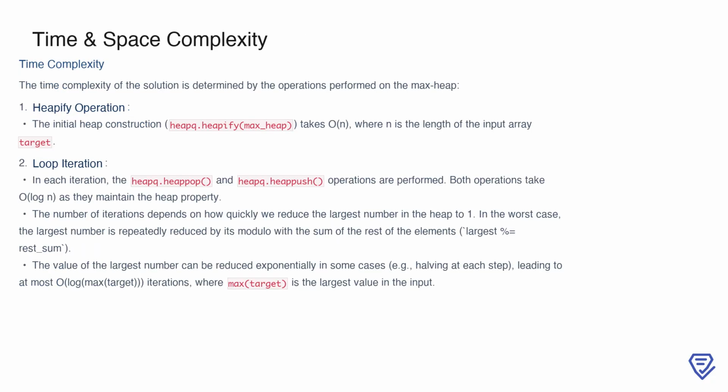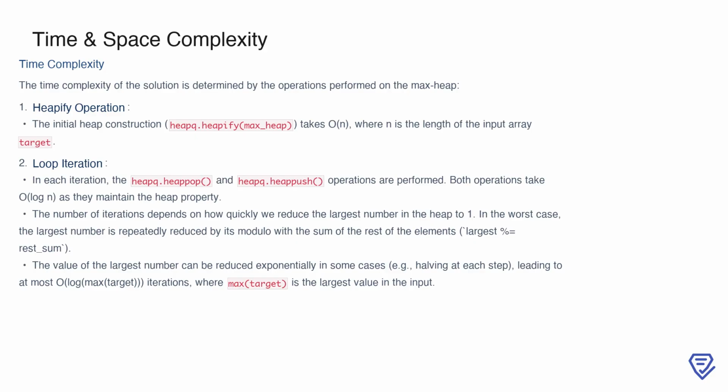The time complexity of the solution is determined by the operations we perform on the max heap. First, we have the heapify operation, which initializes the heap structure from the input array. This operation takes O(n), where n is the number of elements in the target array. Then, during the main loop, we repeatedly perform heap pop and heap push operations, both of which take O(log n) time since they maintain the heap property.